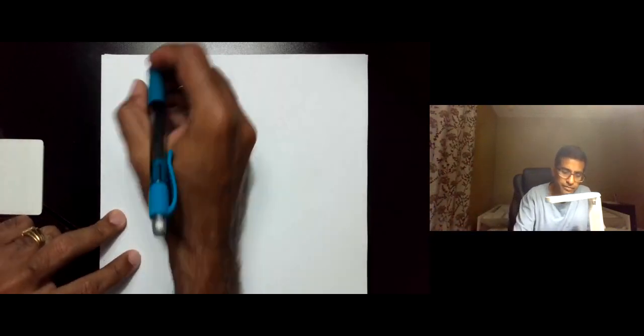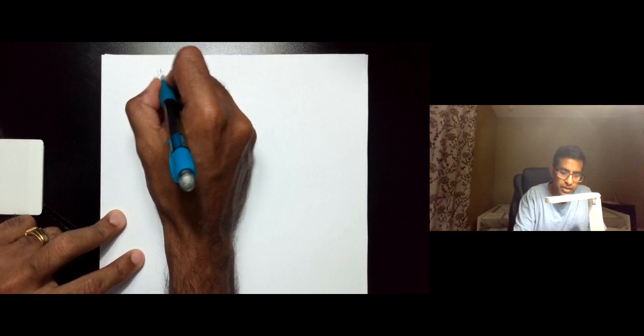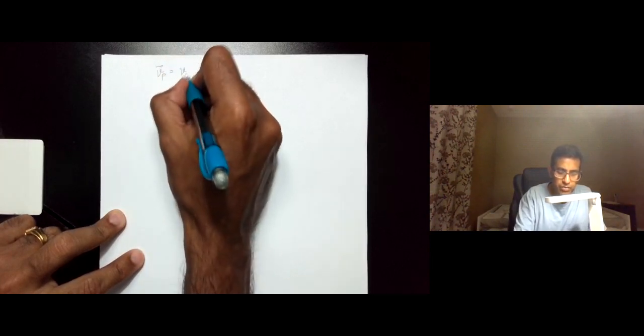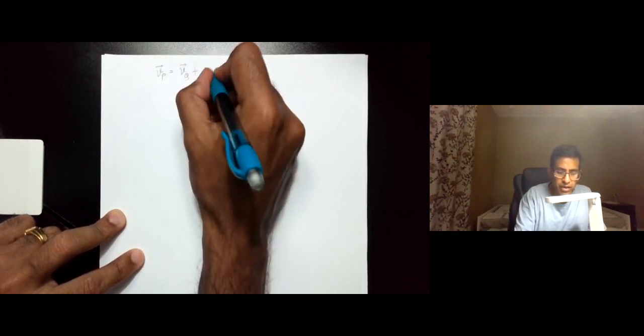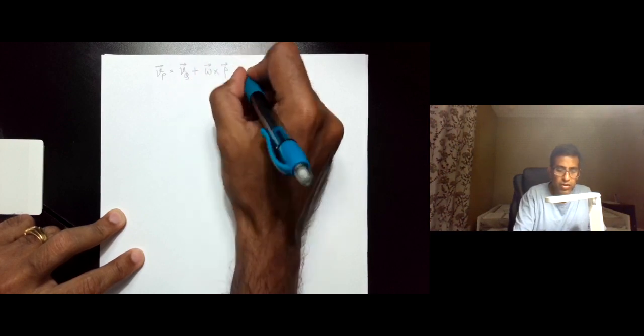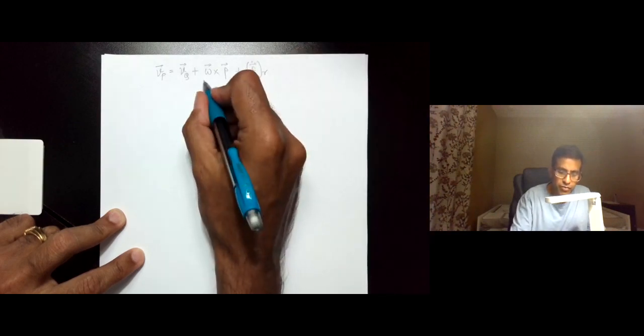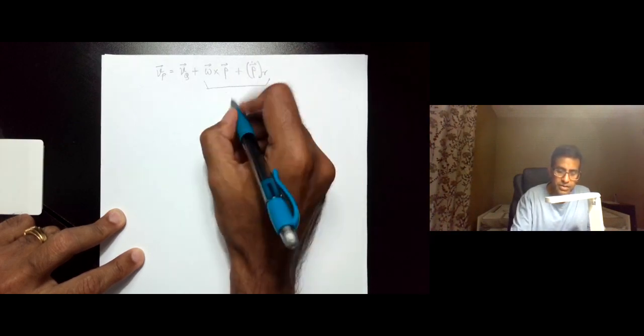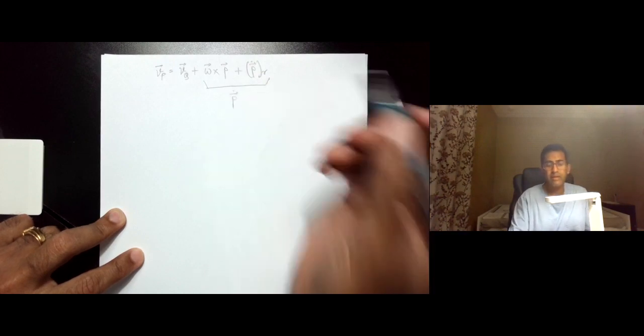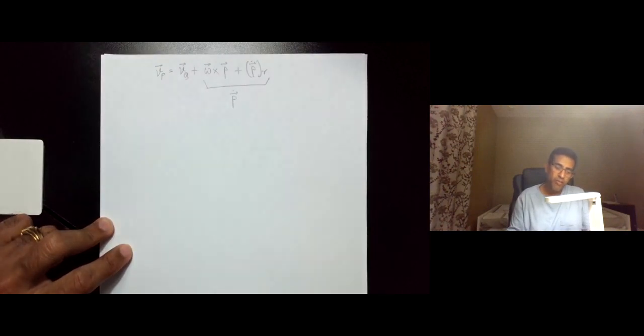Okay, so actually let me go to a different page, and I'll start off with Vp is equal to Vq plus omega cross rho plus rho dot r. And we have to keep in mind that this expression is rho dot. This is the net velocity of the relative vector, the relative position of p with respect to q.